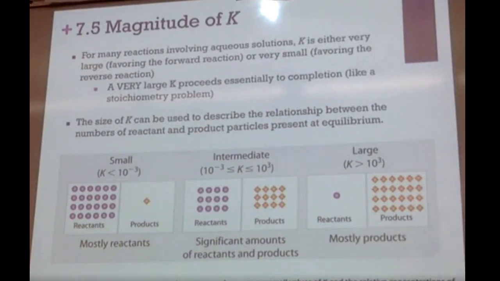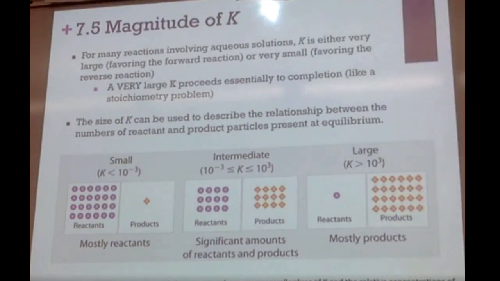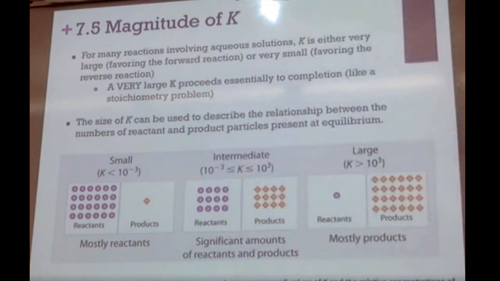We see K being very small. Well, that means that we have more reactants compared to products. So we would say that favors the reverse reaction, products converting to reactants. Now I added this bullet point in here because we actually saw a free response question a few years ago where it gave a ridiculously large K value.